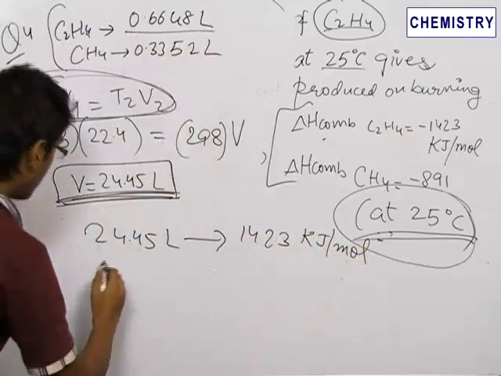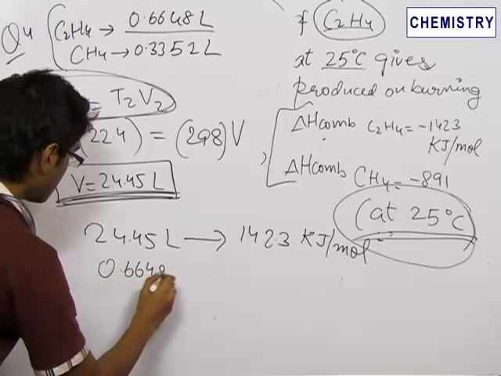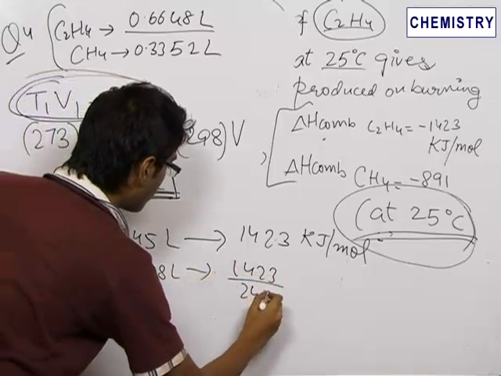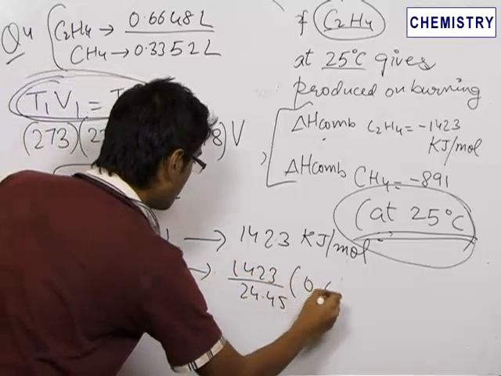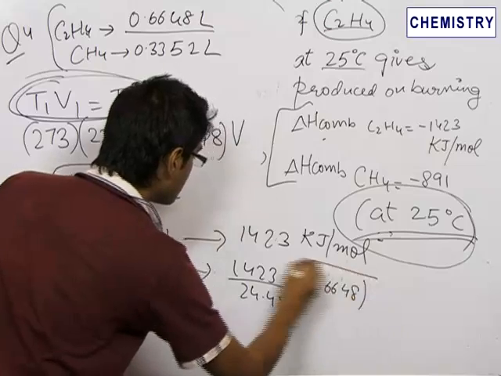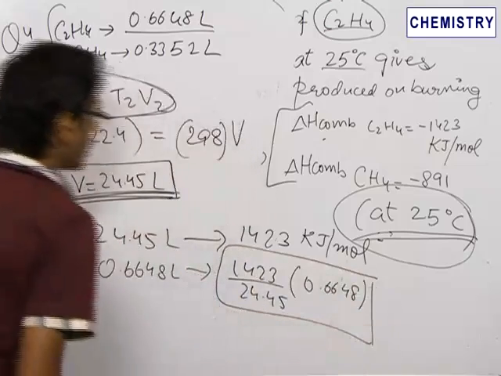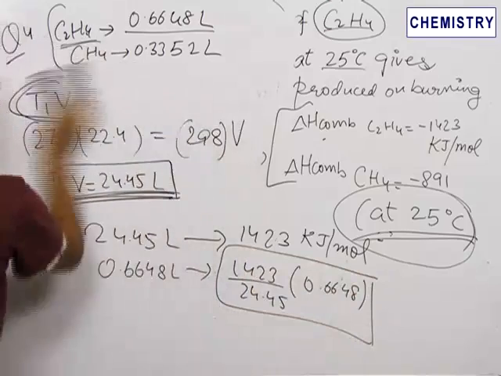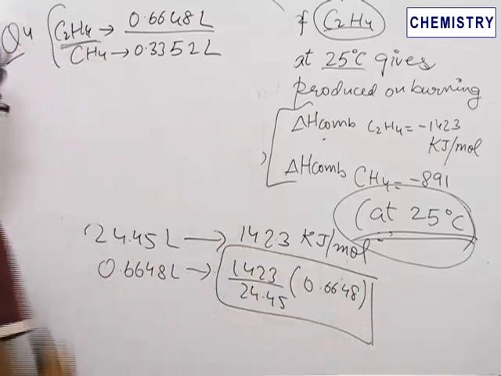So 0.6648 liters will produce 1423 upon 24.45 into 0.6648. This is the amount of heat released on combustion of C2H4 sample. Now we try to find out the amount of heat released when CH4 is burnt.